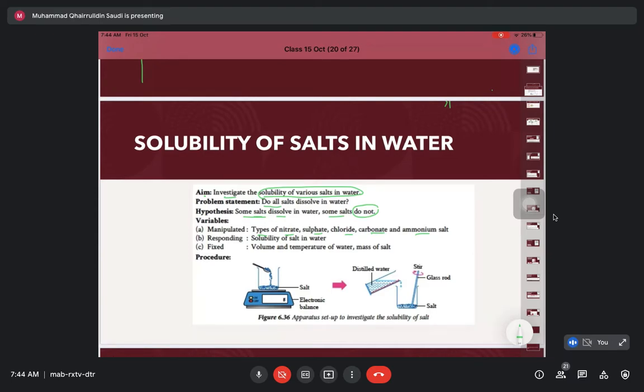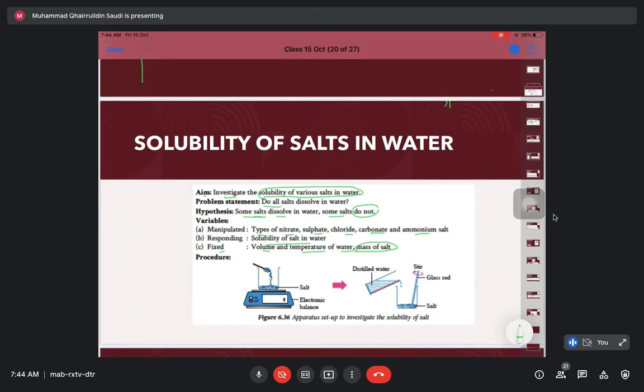The responding variable would be the solubility of salt in water. The fixed variable is the volume and temperature of water and the mass of salt. Kita nak guna mass of salt yang sama lah. Temperature dan juga volume of water yang sama. So that dia tak akan mengganggu. Kalau air sikit sangat, nanti kalau garam ni banyak dia tak larut, tapi sebenarnya dia larut. Okay, so kita kena fixkan those variables.